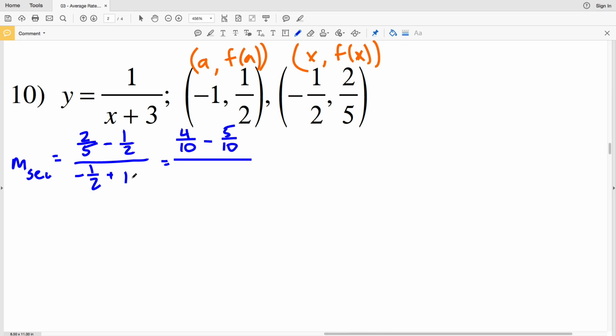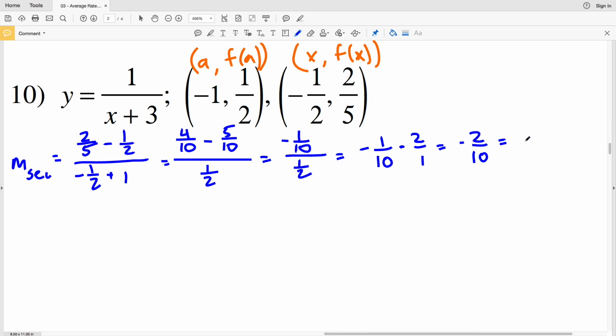And that's all over negative 1/2 plus 1, which is a positive 1/2. 4 minus 5 is negative 1, so I'll have negative 1/10 all over 1/2, which for my slope, I'll write as negative 1/10 times 2 over 1, which equals a negative 2/10, simplified is negative 1/5. So my slope is negative 1/5.